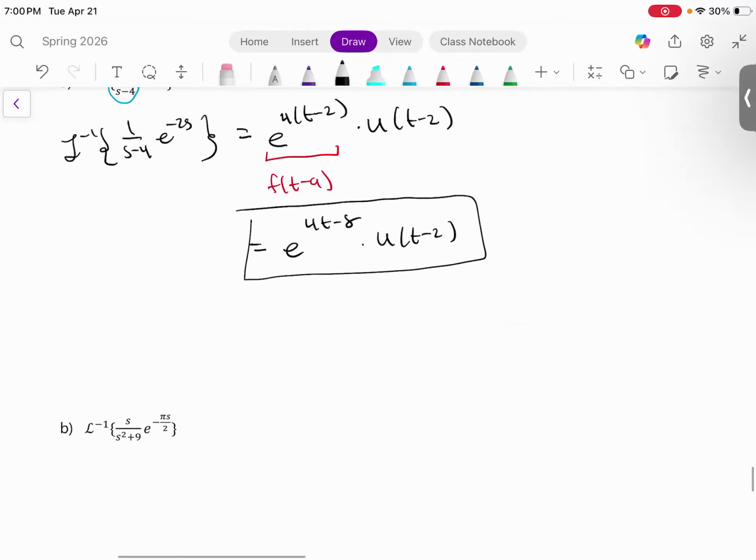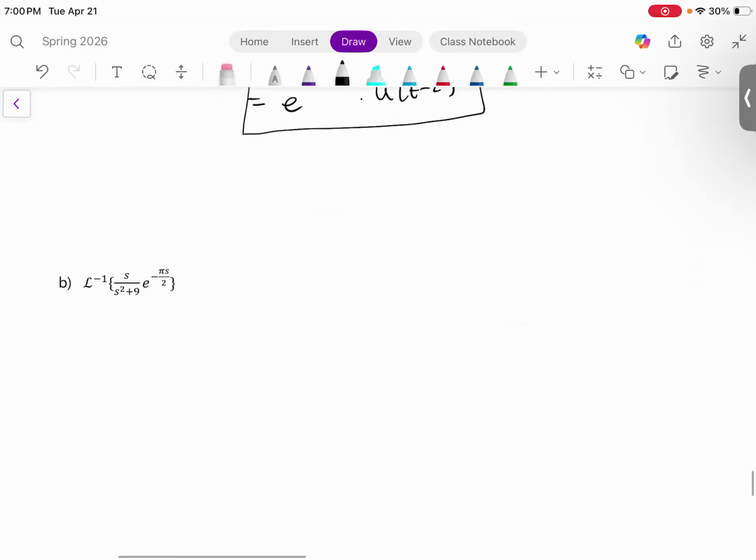Okay, let's try the next one: the inverse Laplace of s over s squared plus 9 times e raised to the negative pi s over 2. Same thing: identify what a is and what F of s is. Pi over 2 would be my a, and s over s squared plus 9 is my F of s.